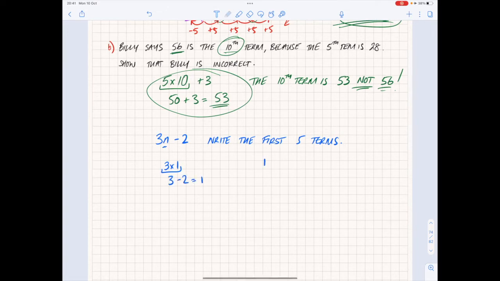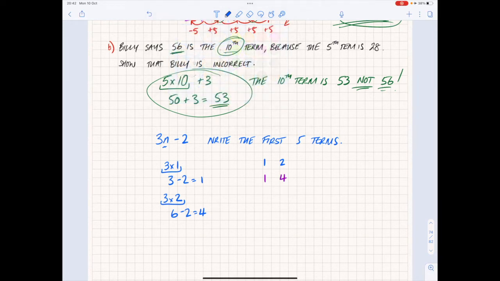So your first term of your sequence would therefore be 1. Your second term, now you'd do 3 times 2, which is 6, minus 2, which would give you 4. So your second term would be 4.